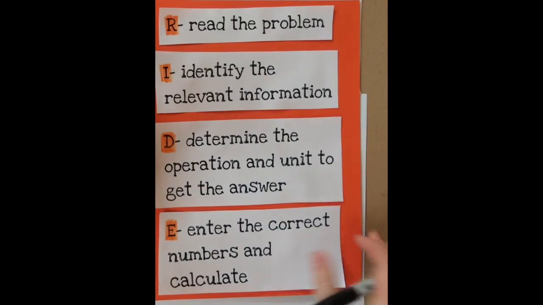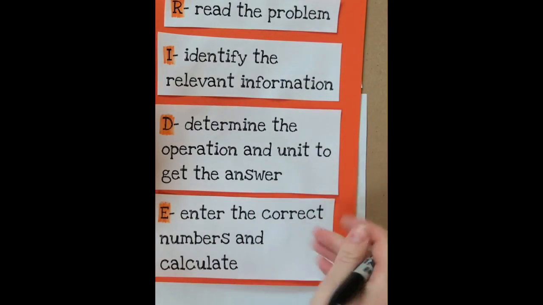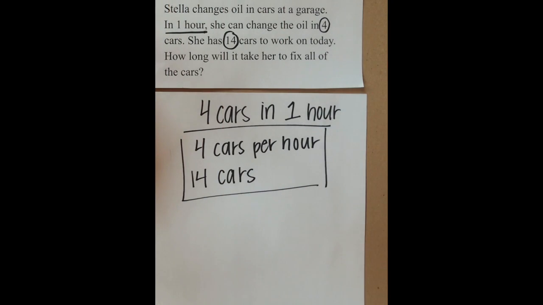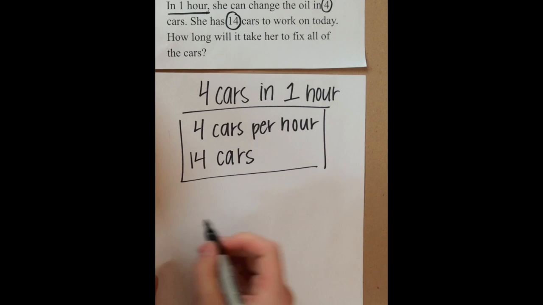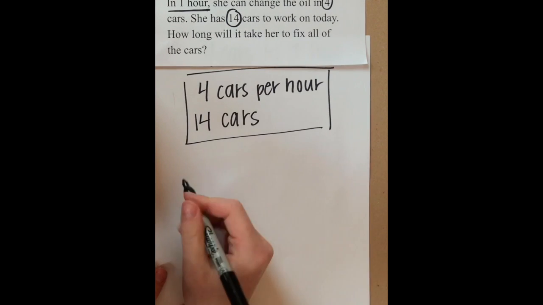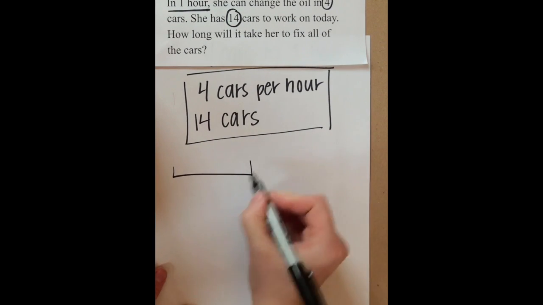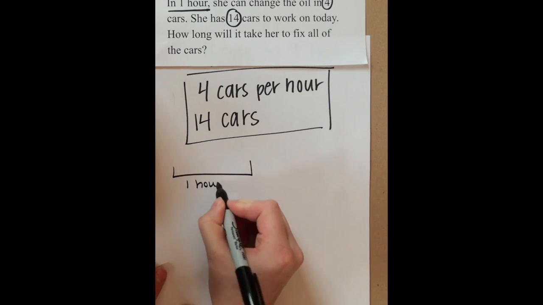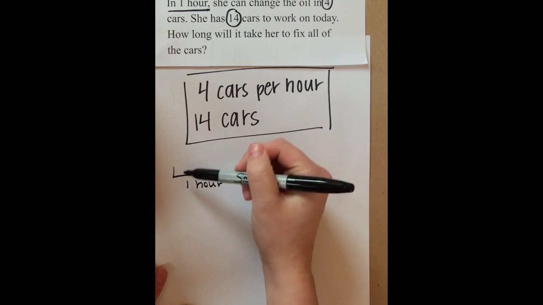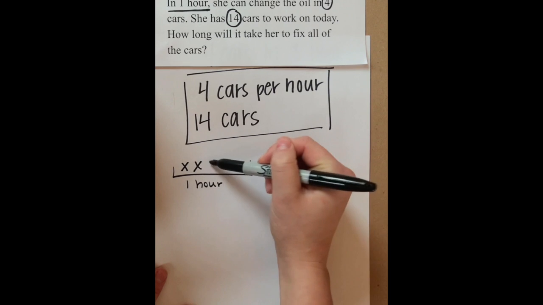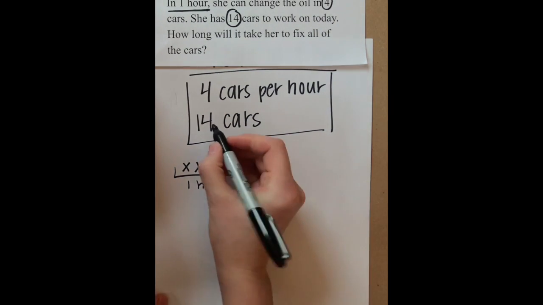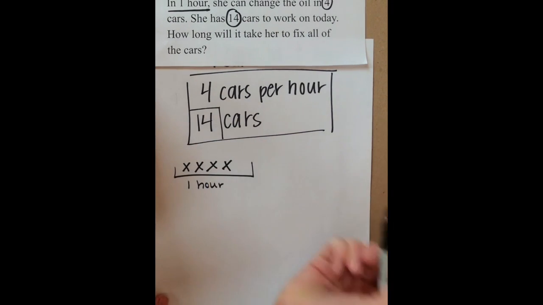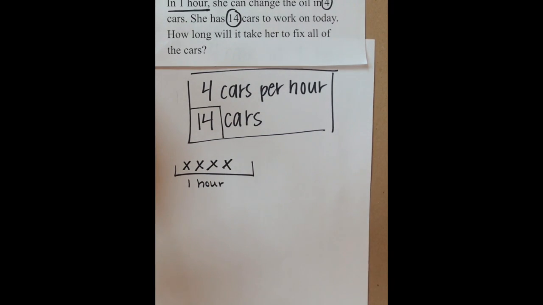So now that we have our information, let's move on to determine the operation and unit to get to the answer. So in 1 hour, Stella can change 4 cars. She has to work on 14 cars today. That's a lot. How many hours will it take her to fix 14 cars?